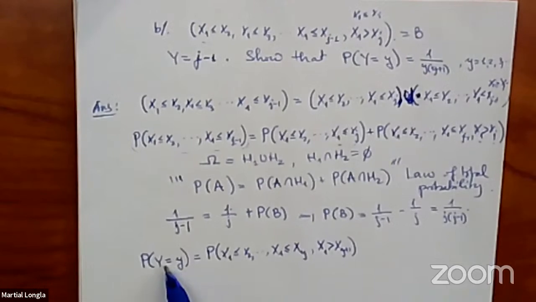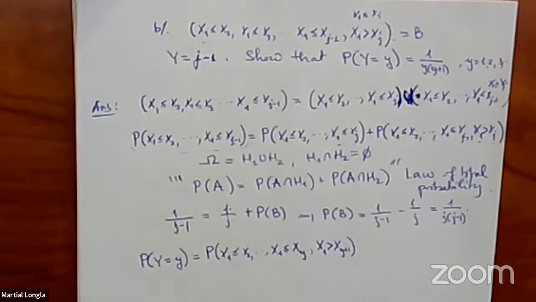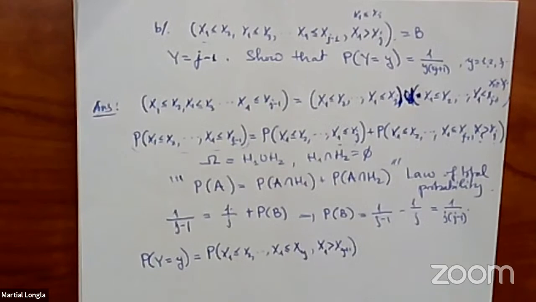Because y equal to y means that you have y observations before x1 is not the smallest. So it stops here, and you're not counting x1. That's why it's y plus 1 minus 1.